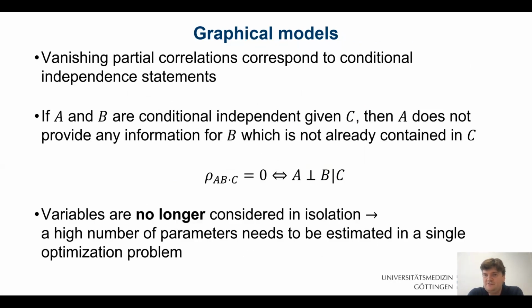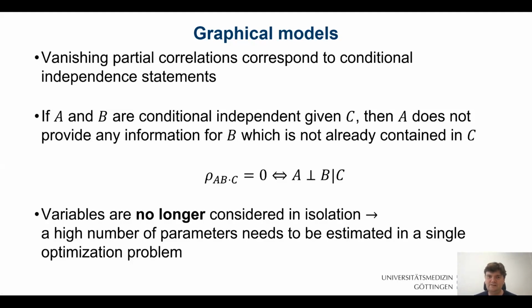Let me briefly summarize. These vanishing partial correlations correspond to conditional independence statements. So conditional independence basically phrases what I just showed you, distinguishing direct from indirect relationships. I also want to express it formally, at least once, though not perfectly formally; it's more an intuitive statement in the corresponding formalism.